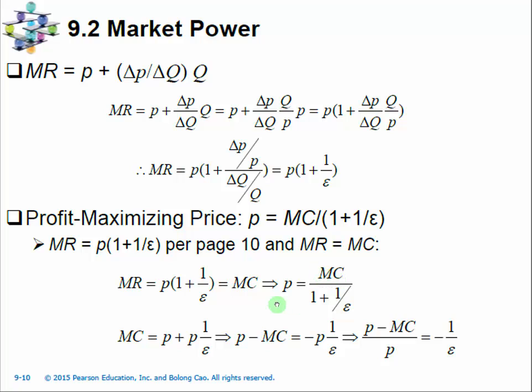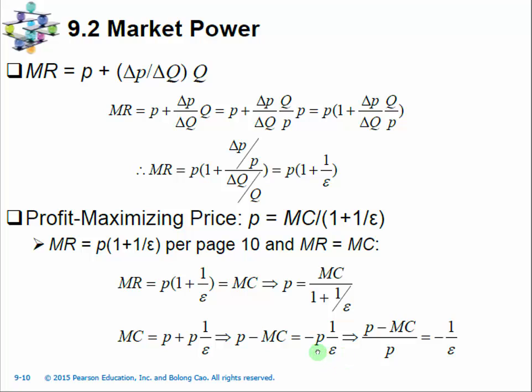Still start with this formula. We move this denominator back to the left-hand side: P times 1 plus P times the inverse of the elasticity. Then we get the difference between the price and the marginal cost equal to the negative of price times the inverse of the elasticity.